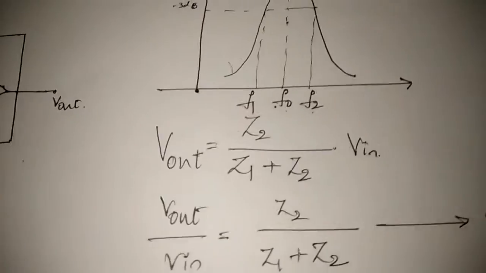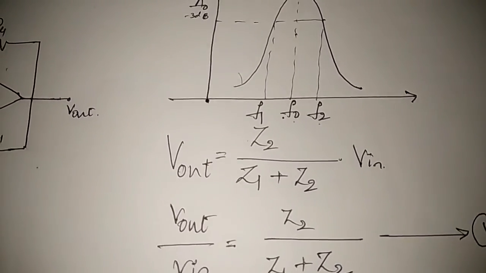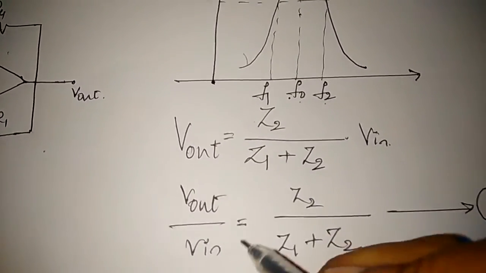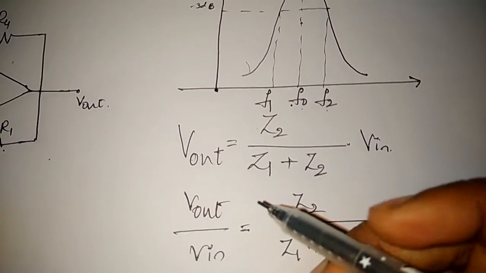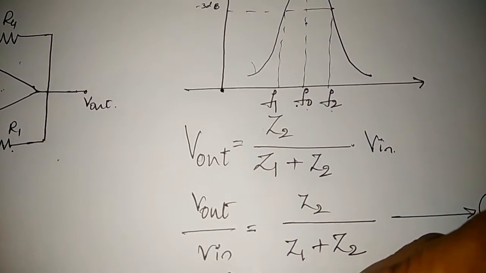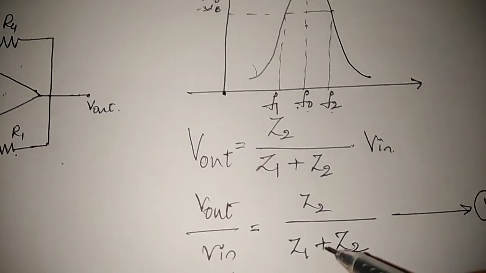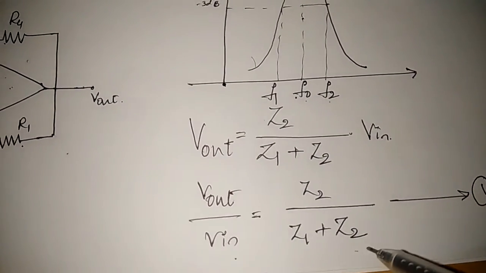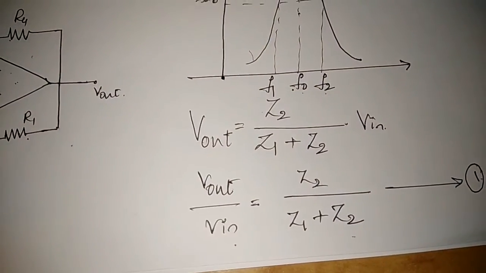Let me take this as equation 1. This is nothing but the gain of the feedback network, V out divided by V in. We have to calculate Z2 divided by Z1 plus Z2, and that will give you the feedback network frequency of oscillation.